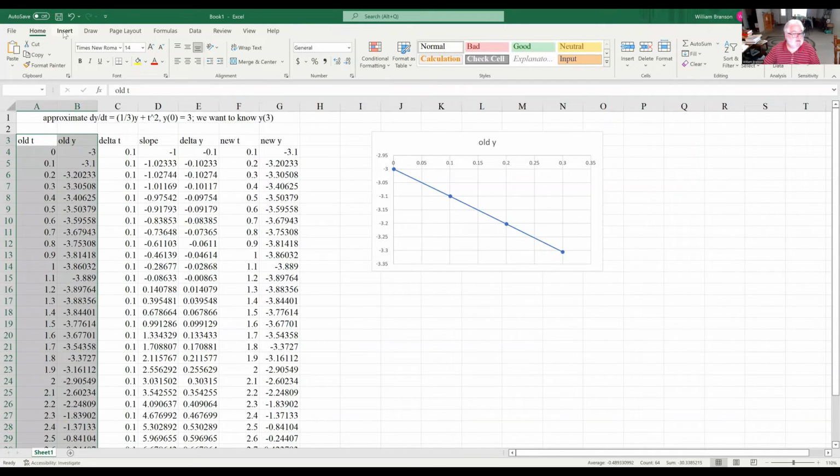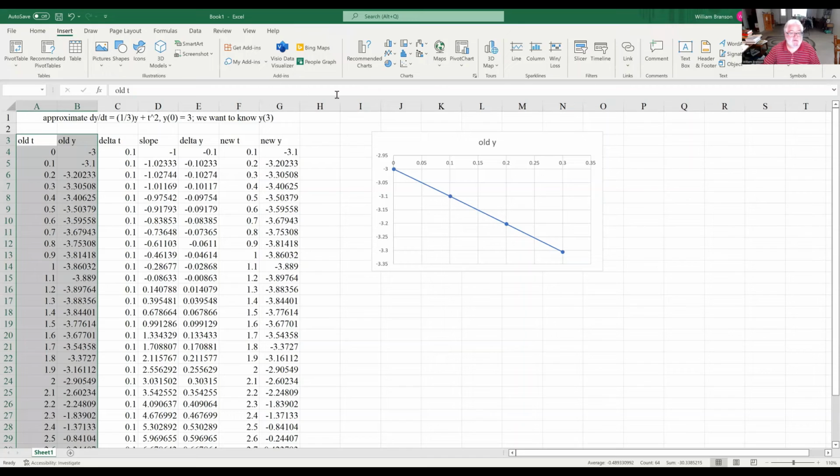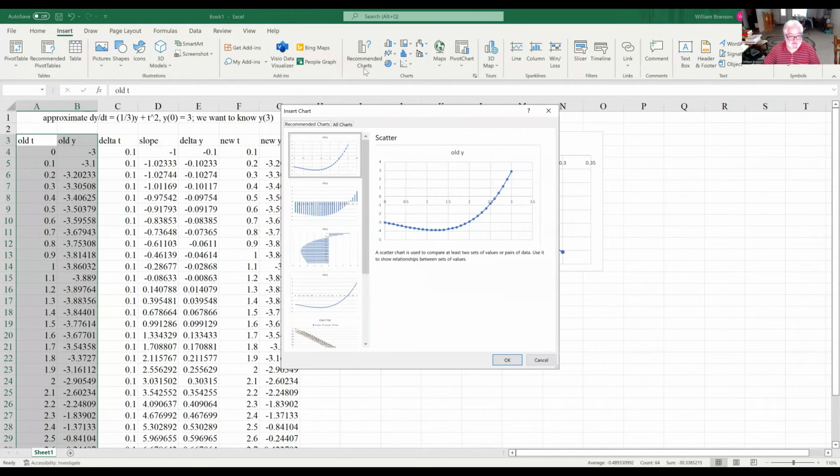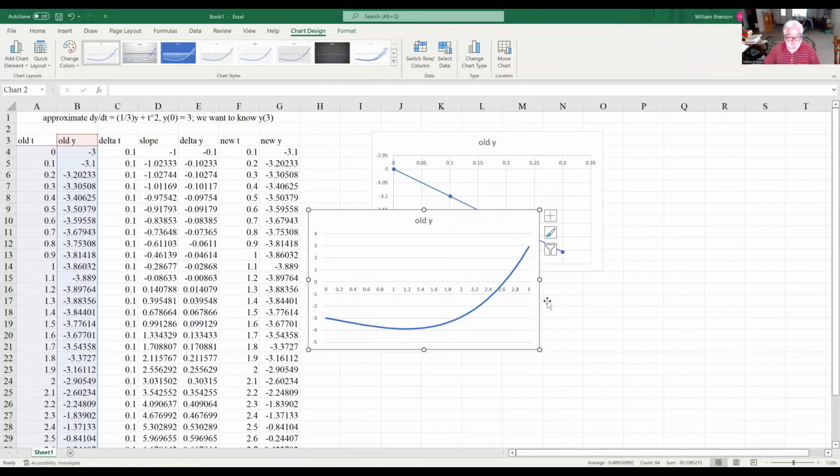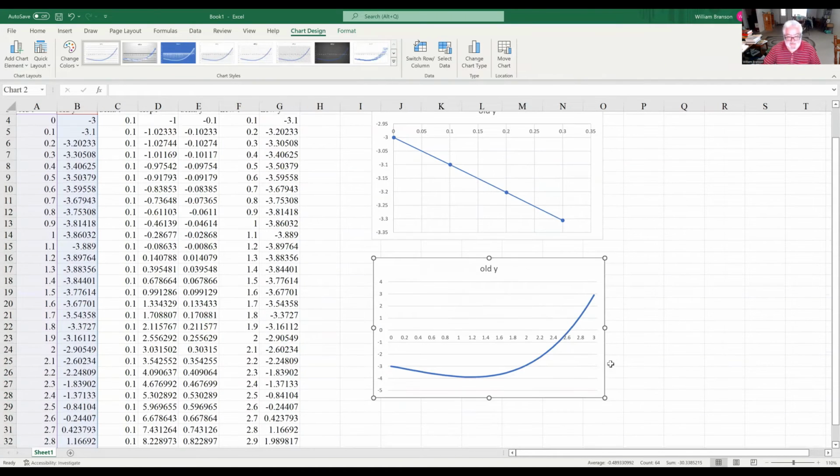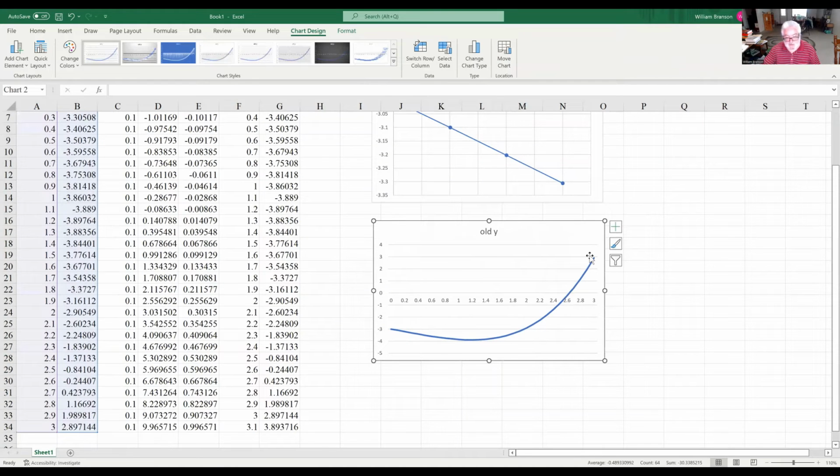So insert, Recommended Charts. And we would like the scatter plot that's got all the dots on it. Let's actually just get a nice smooth line. So that's a pretty good approximation.